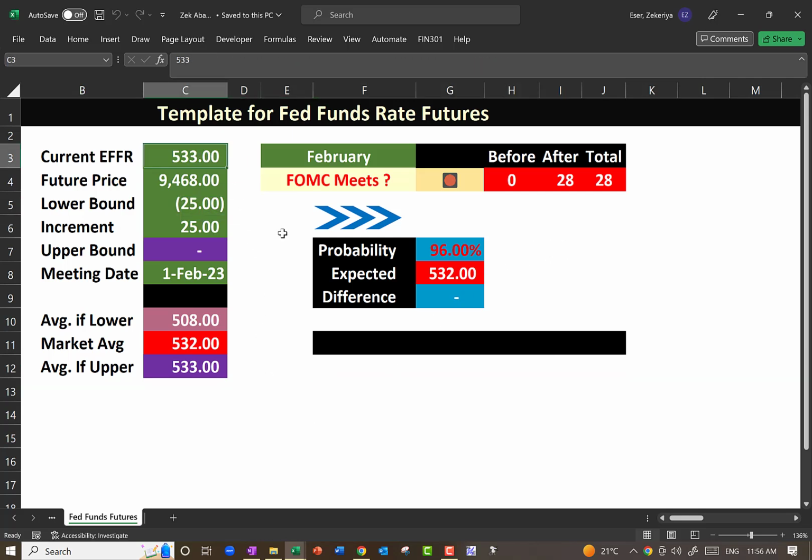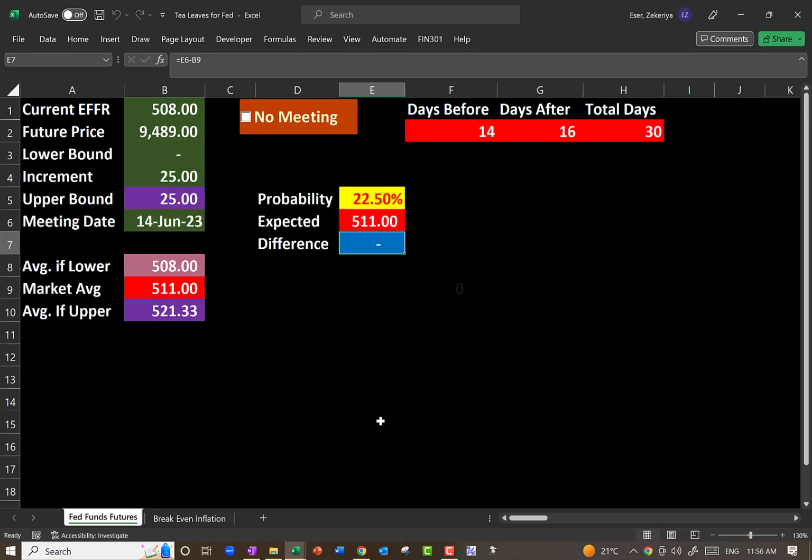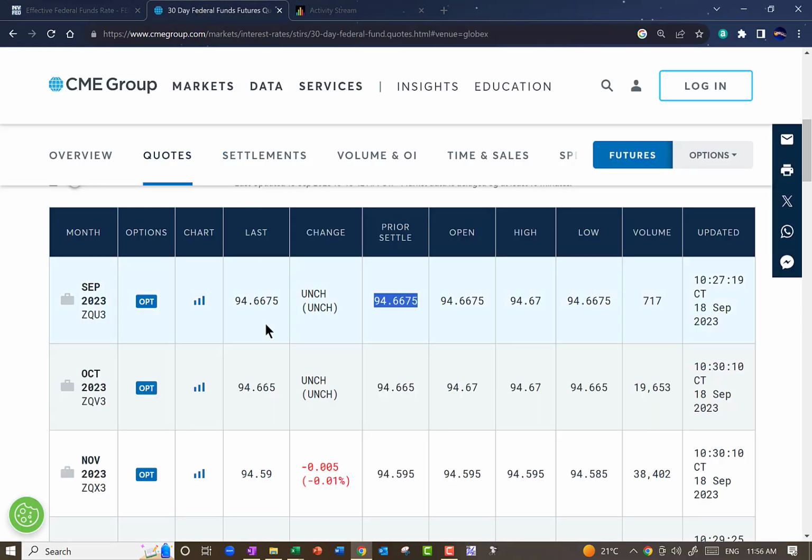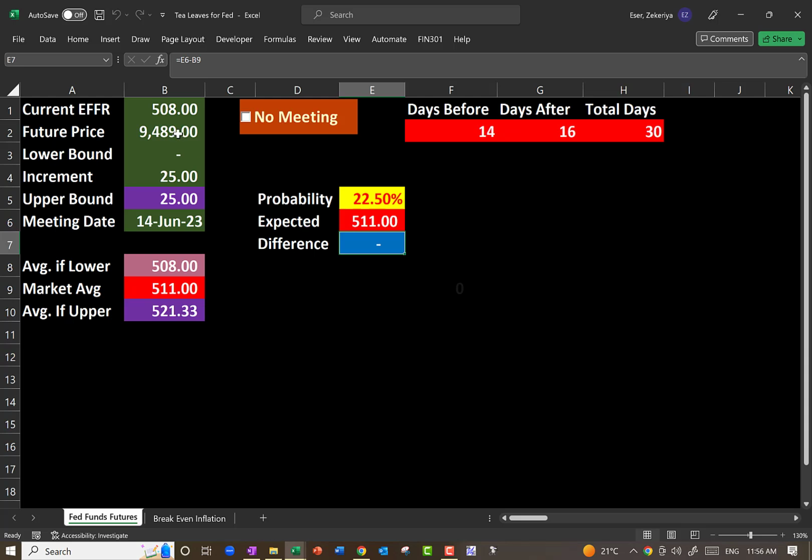Now, here I write everything in terms of basis points. So current FFR is 533. Futures price is 94.6675.